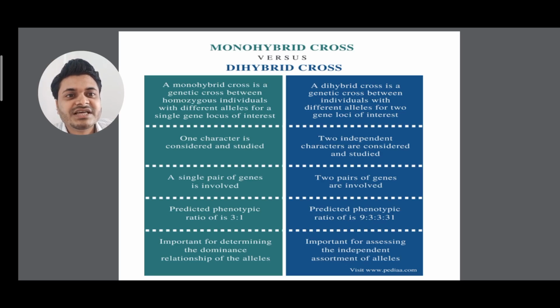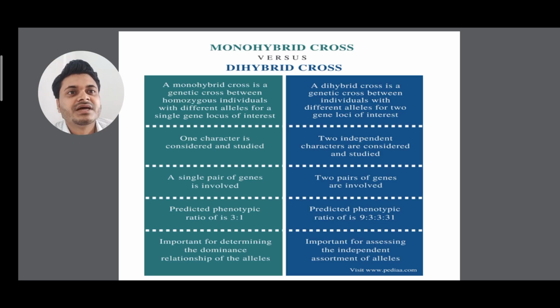One more difference they have given: the monohybrid cross is important for determining the dominance relationship of the alleles, and the dihybrid cross is important for assessing the independent assortment of the alleles. So the law of dominance is better proved in the monohybrid cross. The dominance can also be seen in the dihybrid cross, but independent assortment can only be seen in the dihybrid cross, when the F1 hybrid RrYy produces gametes, 4 different types of gametes.